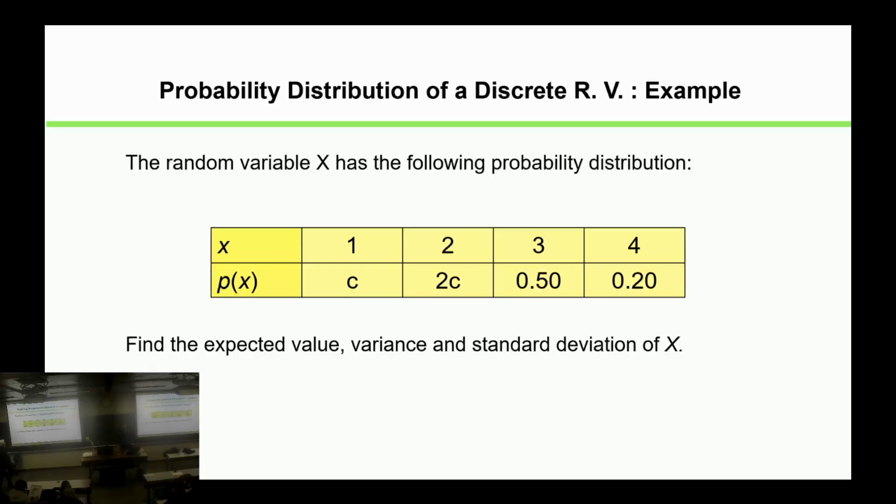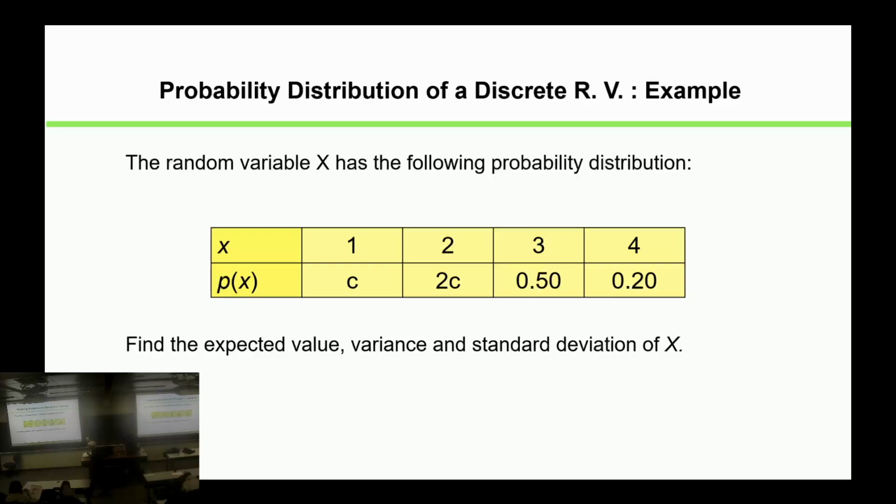So what we're going to do is work out the expected value, variance, and standard deviation of x. A couple of these things we have yet to define. But our very first thing we need to do is start off with, what is the value of c? Now, we'll let you just solve that on your own for the next 12.3 seconds.